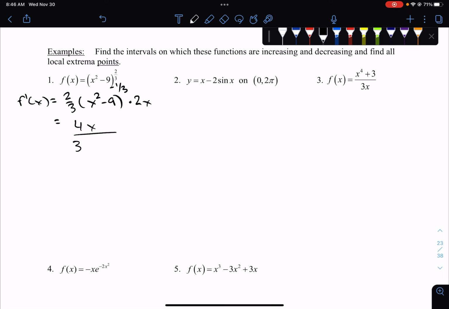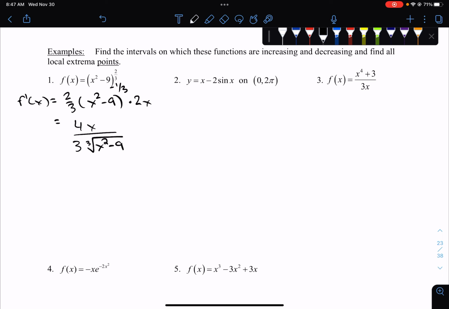And instead of writing the 1/3, I'm going to write it as the cube root of x squared minus 9. I think it's a little bit easier to deal with setting things equal to 0 when we have roots instead of fractional exponents. So here's my derivative, 4x over 3 multiplied by the cube root of x squared minus 9.